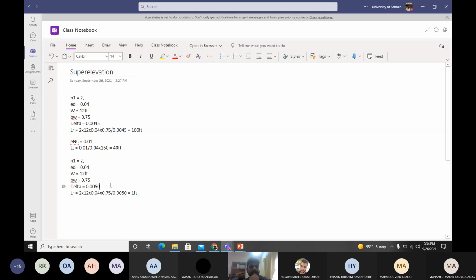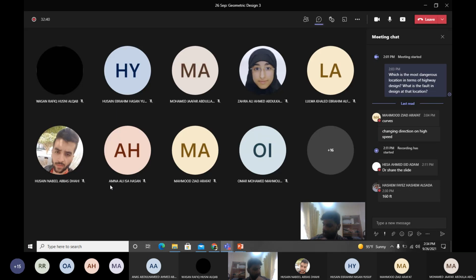Let me write it here. This is delta at 50 miles per hour. How much is the LR now?